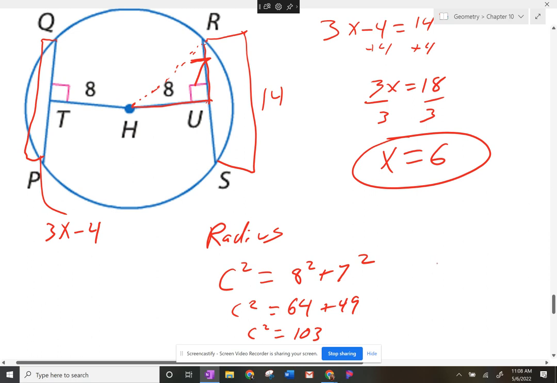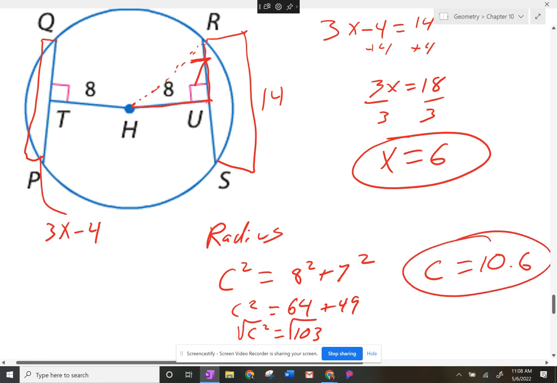So my radius, my c, is going to equal 10.6. Yeah, 10.6. Because again, I had to square root both sides. So if they give you two of the sides, you can use Pythagorean's theorem to figure out the last one. Just want to visually show you that one.